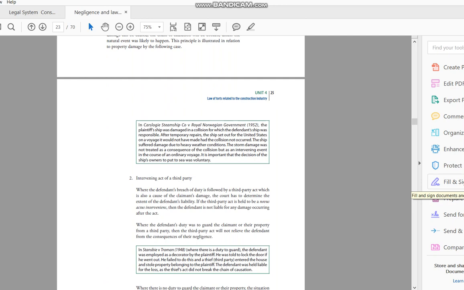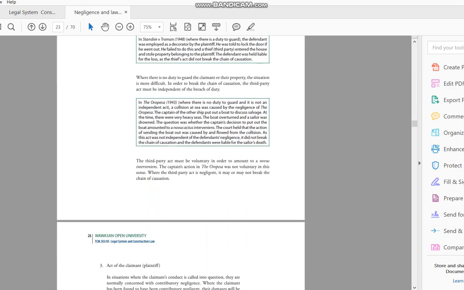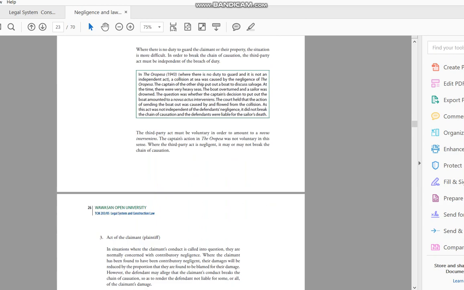You cannot say that it's because the third party did it, so it does not relieve the defendant from the consequences of the negligence. Even if a third party comes in and makes it even more serious, or causes the direction to change to that particular claimant, it still does not get rid of the responsibilities.